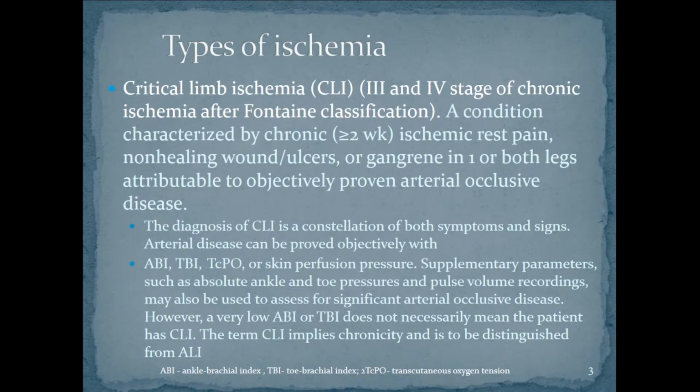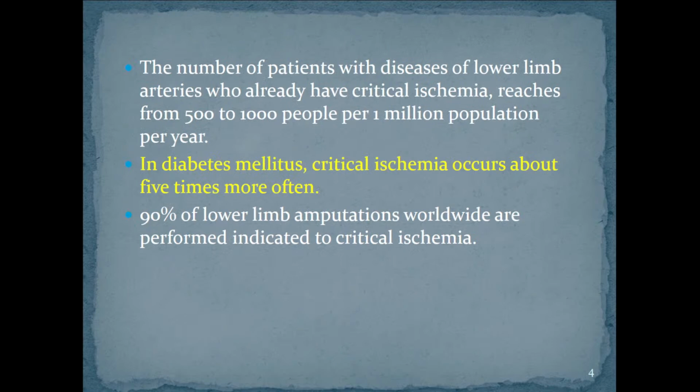The term critical limb ischemia implies chronicity and is to be distinguished from acute limb ischemia. This is very important. The number of patients with diseases of lower limb arteries who already have critical ischemia reaches from 500 to 1,000 people per 1 million population per year.